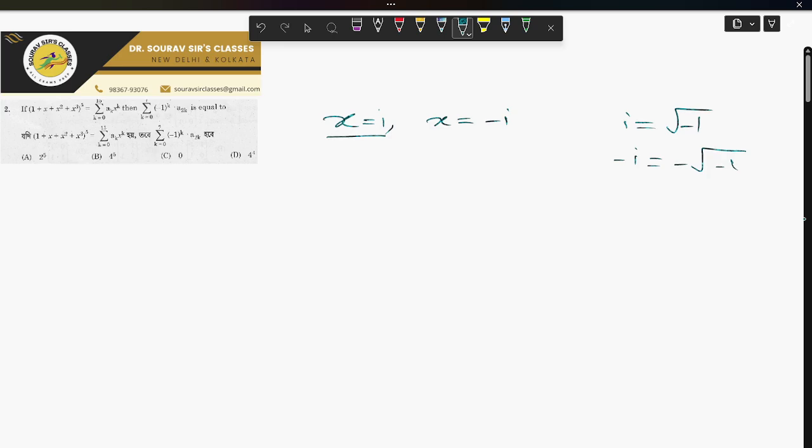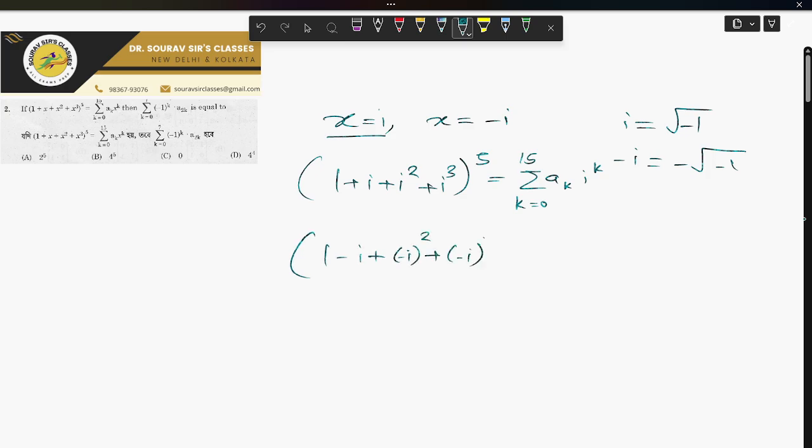If we put x equals i, then we get (1 + i² + i³)^5 is equal to the summation k equals 0 up to 15 of a_k i^k. And if we put minus i, then we will get (1 - i + (-i)² + ...)^5 is equal to the summation from 0 up to 15 of a_k (-i)^k.